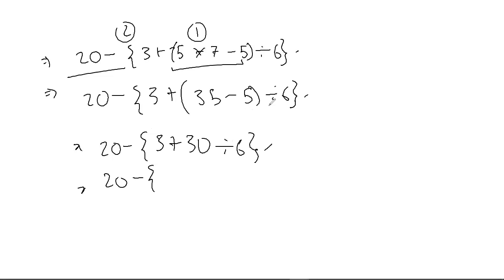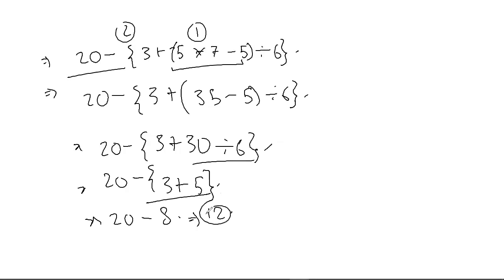Then according to the Bodmas rule, division comes first, then this will be 5. Then finally we have to simplify the curly braces part. So 20 minus 8 comes out of the bracket, because it is simplified, so there's no need to do anything else with it. And then 20 minus 8 will be 12.